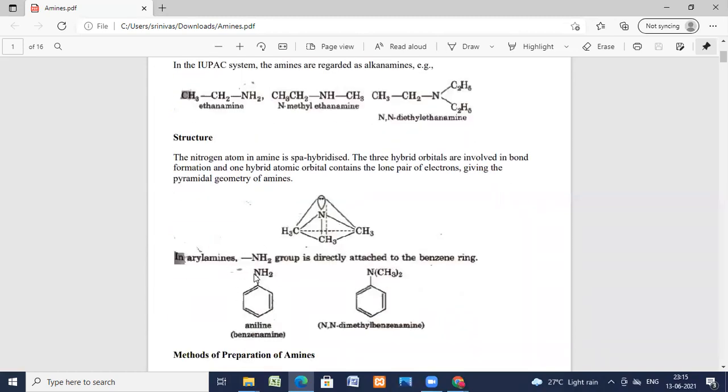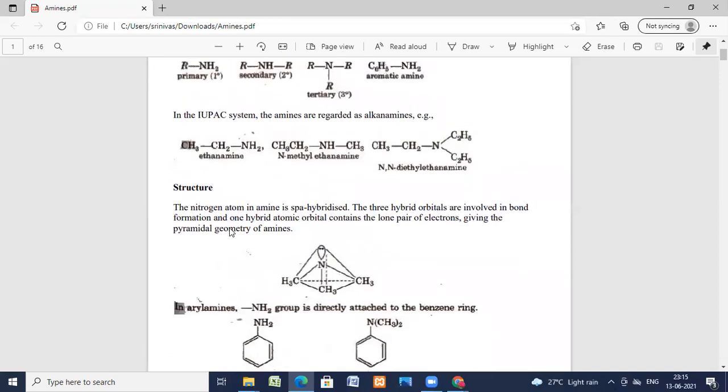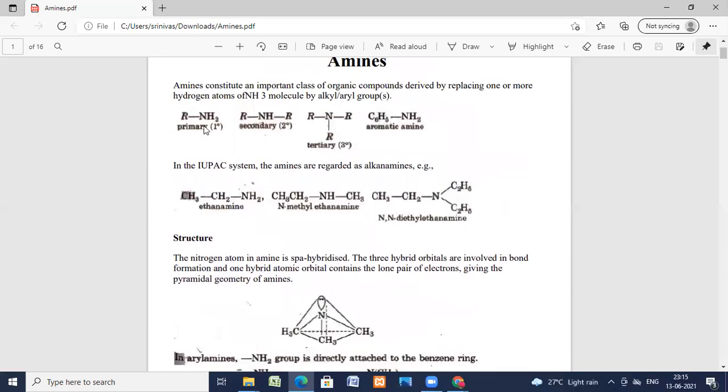In aryl amines, the NH2 group is directly attached to the benzene ring. In the alkyl amines, it is attached to the alkyl group. And you have primary, secondary, tertiary. If the NH2 group is attached to one R group, then that is a primary amine.